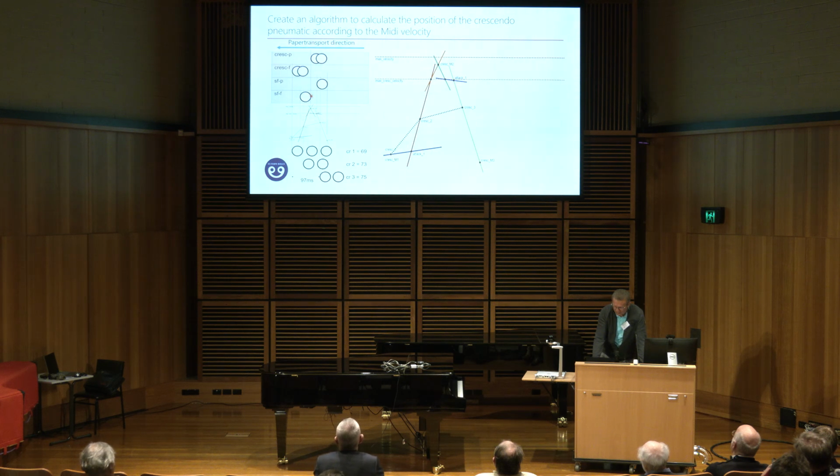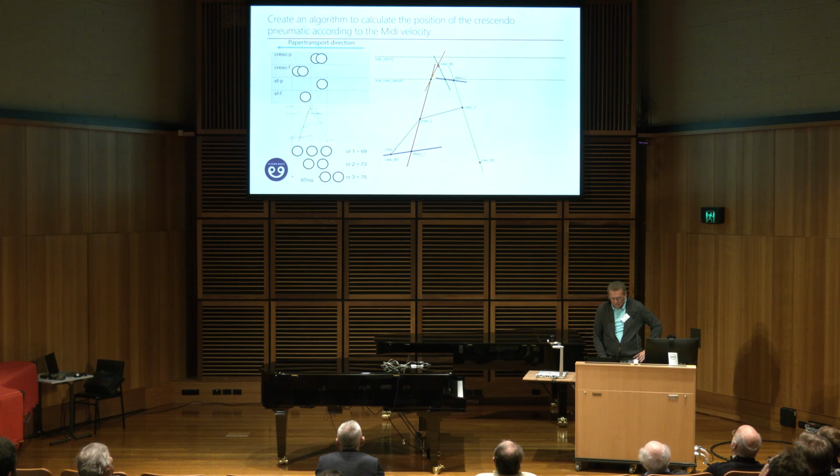And the decrescendo hole appears directly. Due to the spring, the pneumatics will first open quicker to the maximum crescendo velocity and continue to open more slowly. So what you see here is at this moment a crescendo piano starts, and it does not have the same angle which it has under the maximum crescendo velocity.